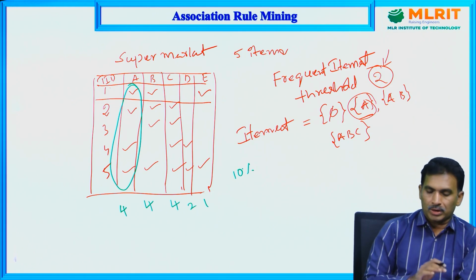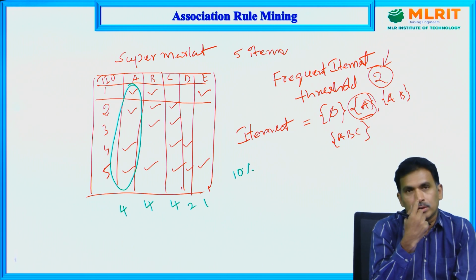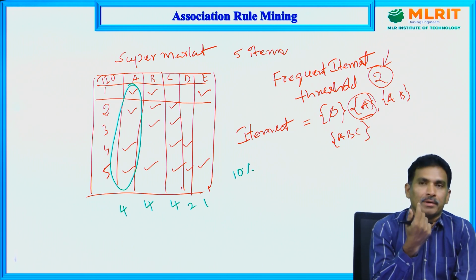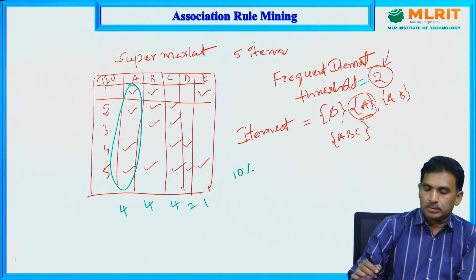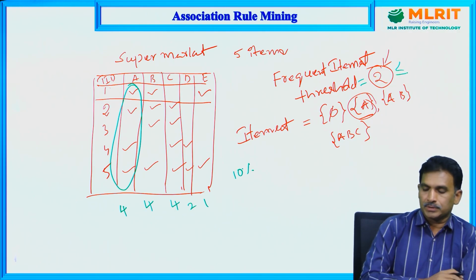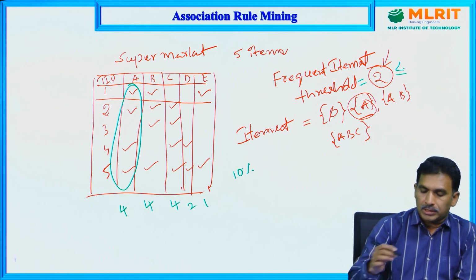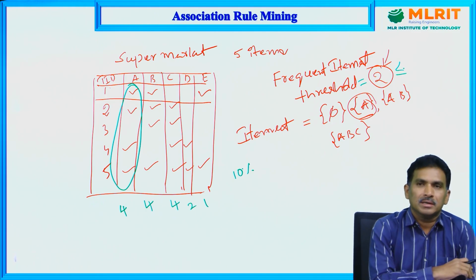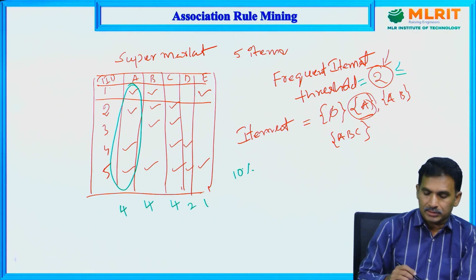So what do you mean by a frequent item set? That means the item set which appeared more than the specified threshold value. Suppose the threshold is equal to 2. The frequency of an item set which is greater than or equal to the threshold value is called a frequent item set. I hope item set is also clear. It could be a set of items, a single item, 2 items or 3 items, etc.